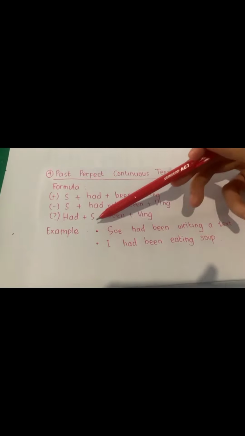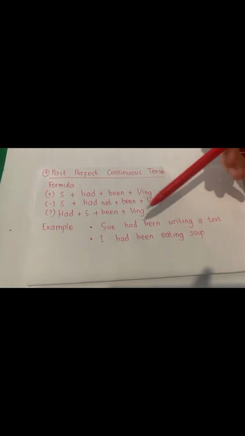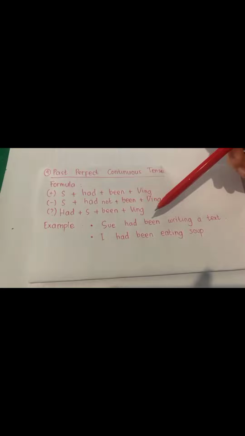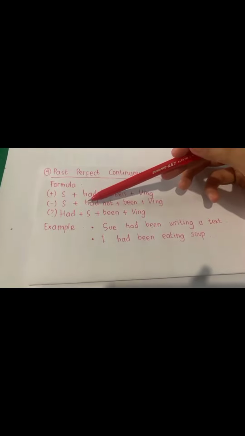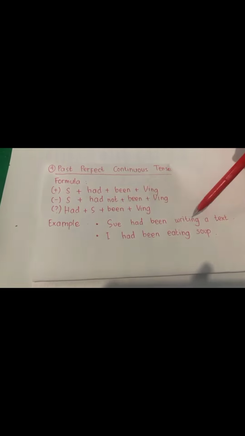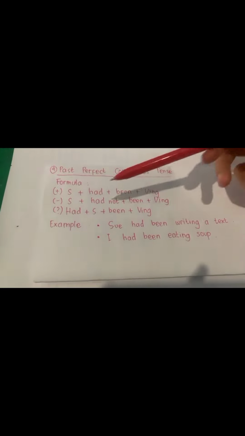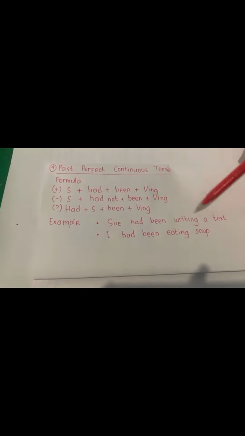And here are the examples of past perfect continuous tense. Example number 1, Sue had been writing a text. For the negative sentence, it becomes Sue had not been writing a text. For the interrogative, it is had Sue been writing a text?